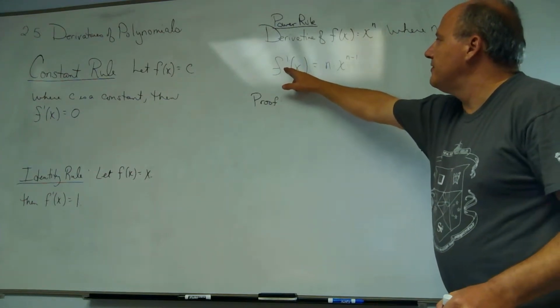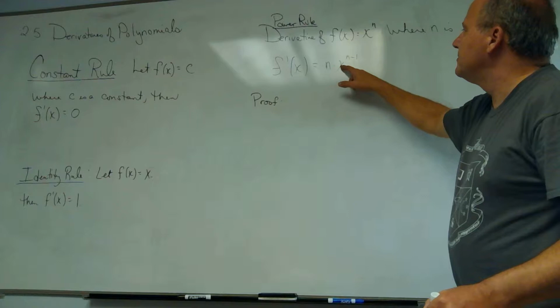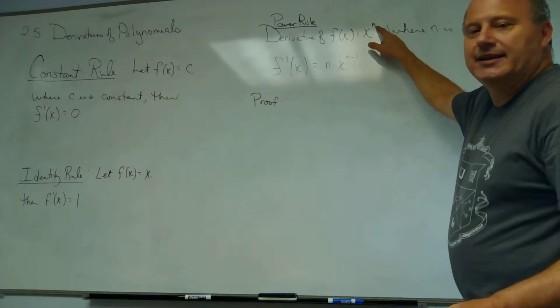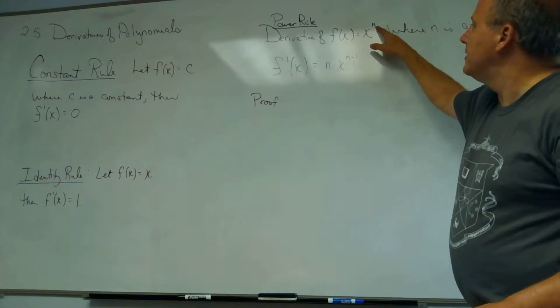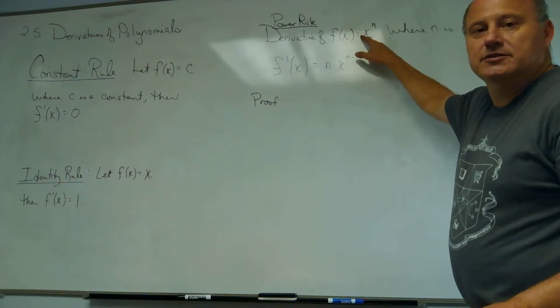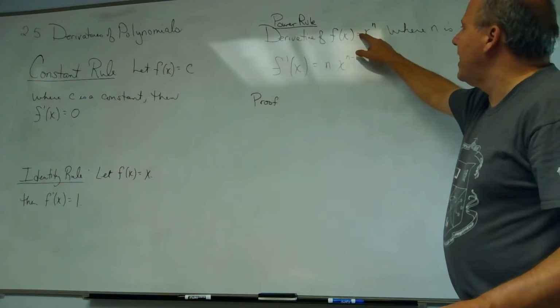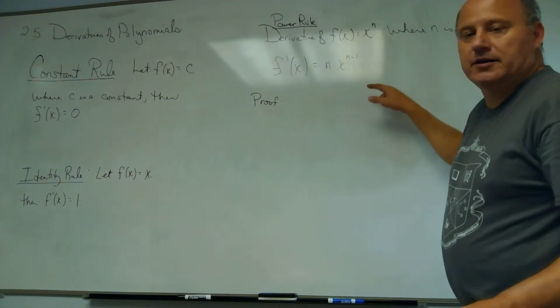Then the first derivative is equal to n times x to the n minus 1. So what that basically means is you multiply the n, which we'll call a multiplier, times the number in the front. So n times 1 is n, and then you bring down the exponent by 1.